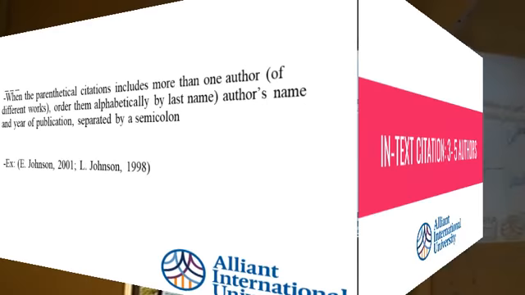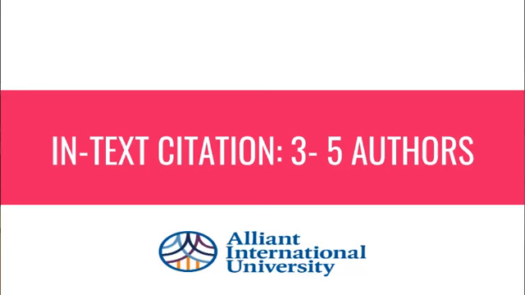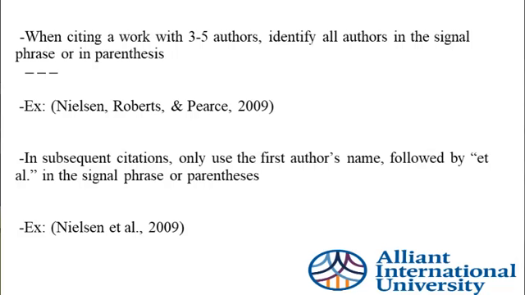Okay. So if you have 3 to 5 authors, you want to identify all authors in the single phrase or in the parentheses. You will want to list the last names. Sometimes they'll incorporate the first initial, but if you have 3 to 5, you'll list the last names in the order the article presents.